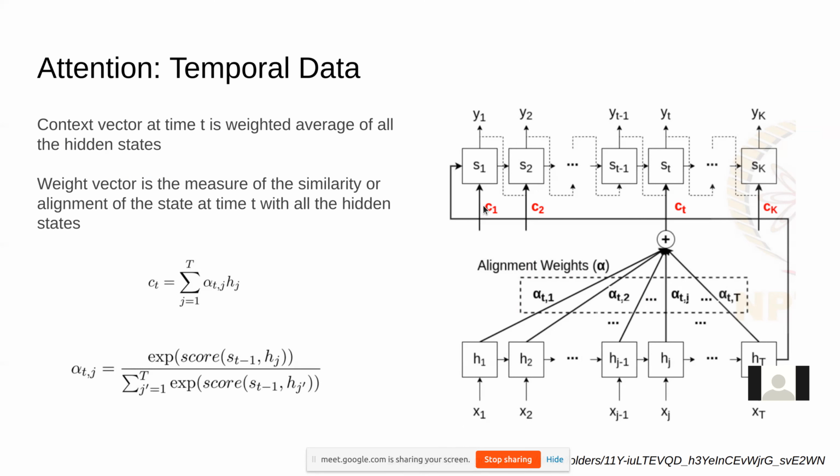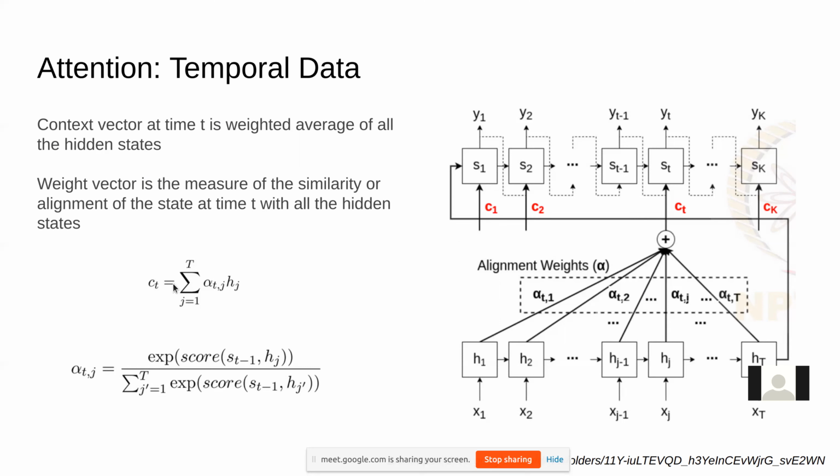Now here, if you look at these C1, C2, Ct-k, Ct and Ck, these are nothing but context vectors, which can help us in attending, or paying attention, to the important words or sentences if it is a long sequence. So how do we create these context vectors?